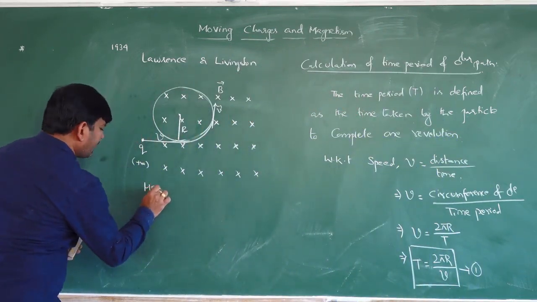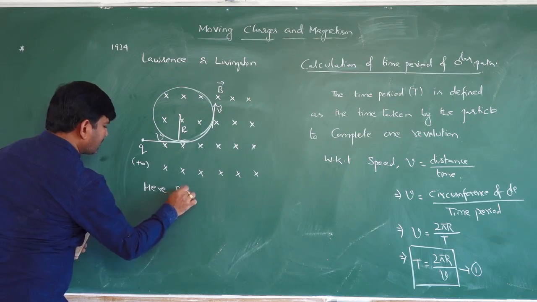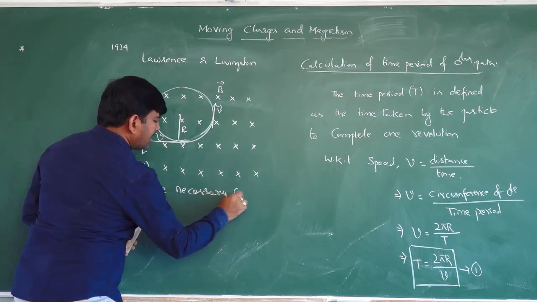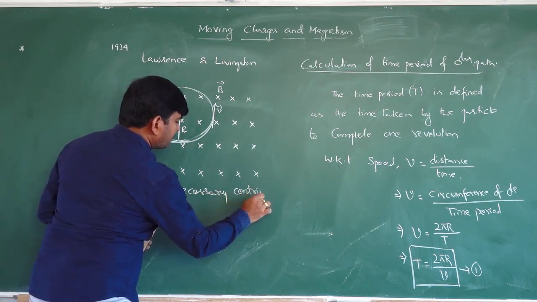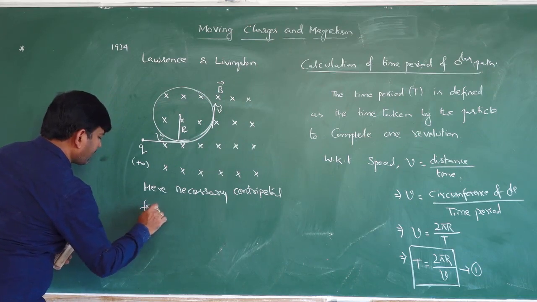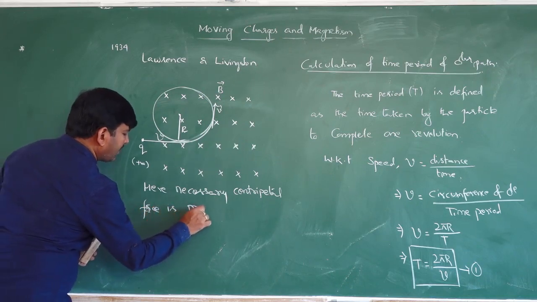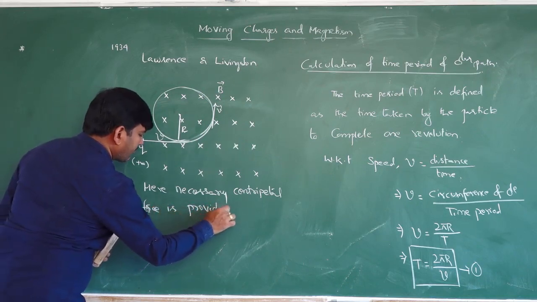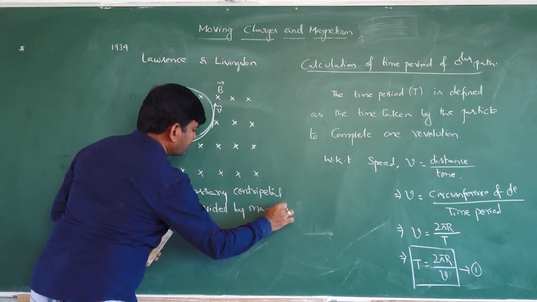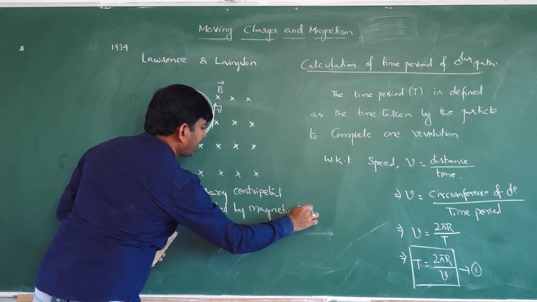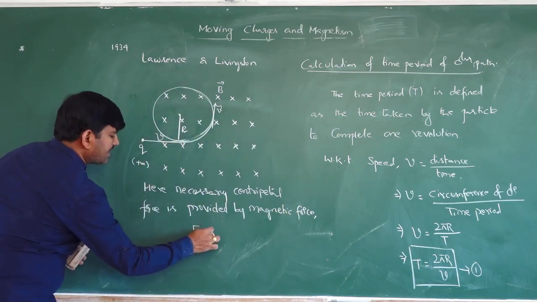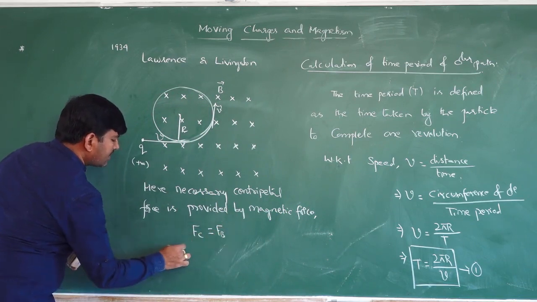Here, the necessary centripetal force is provided by the magnetic force. Therefore, centripetal force Fc is equal to magnetic force Fb.